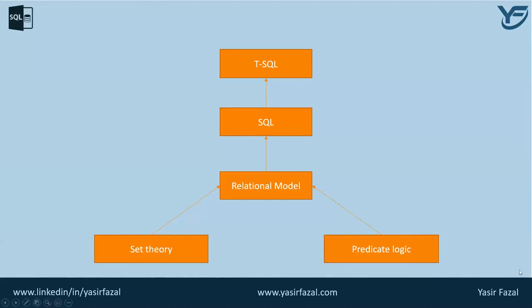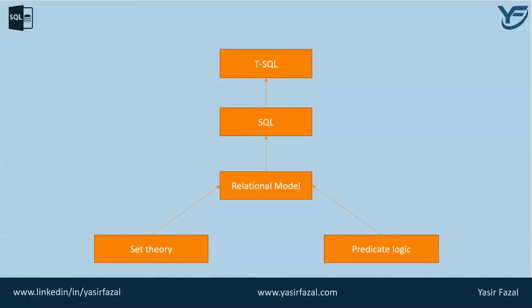The SQL standards keep evolving with time, and there are major revisions of these standards, to name a few: SQL 86, 89, SQL 92, SQL 1999, SQL 2006, SQL 2008, and SQL 2011, and many more which are coming up.